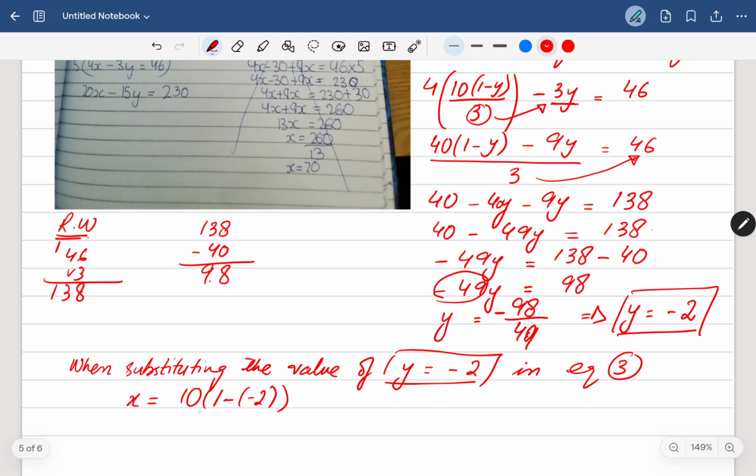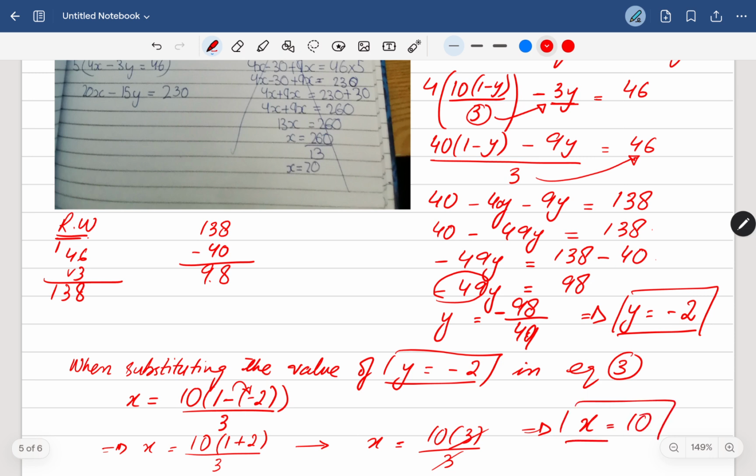Don't do any silly error here, we usually do that, and that whole thing will be divided by 3. So your x would be 10 multiplied by 1, and then both signs will be multiplied, so it will be 3, and then you can divide it here. So x equals 10 multiplied by 3 divided by 3. You can cancel these 3's and you can get your value of x as 10, which is a positive 10.